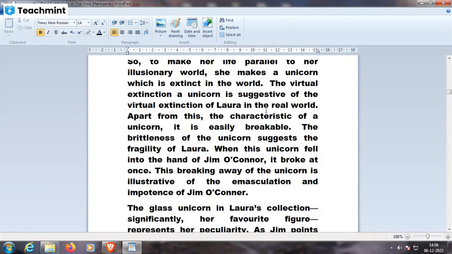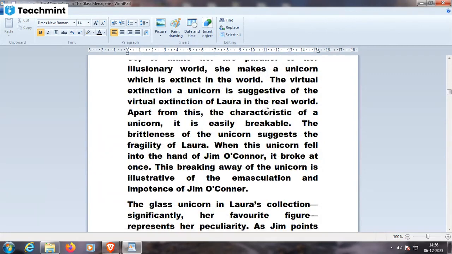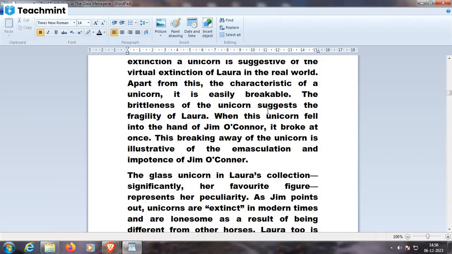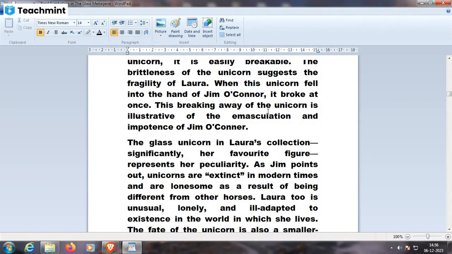The glass unicorn in Laura's collection, significantly her favorite figure, represents her peculiarity. As Jim points out, unicorns are extinct in modern times and are lonesome as a result of being different from other horses. Laura too is unusual, lonely, and ill adapted to existence in the world in which she lives.